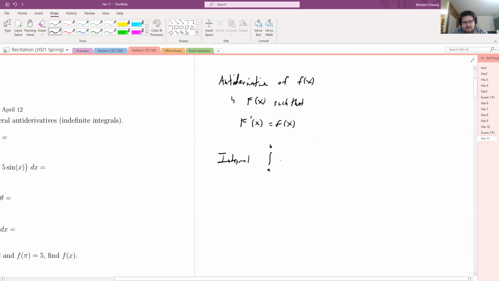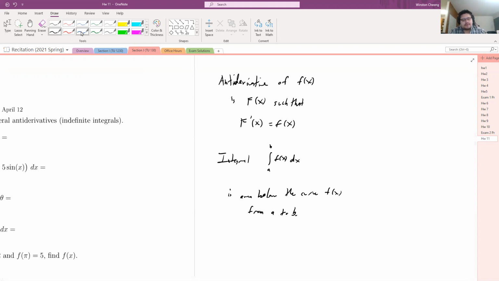An integral from a to b of some function f of x dx is the area below the curve f of x from a to b. So these are the two notions that we're introducing you to today.